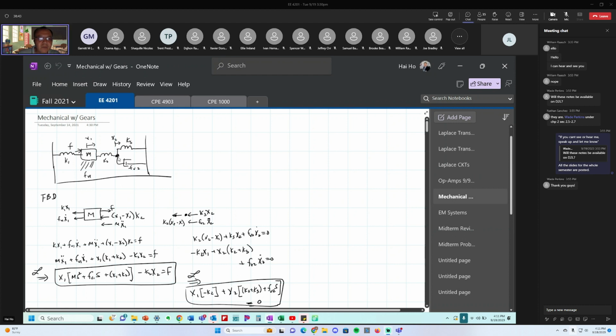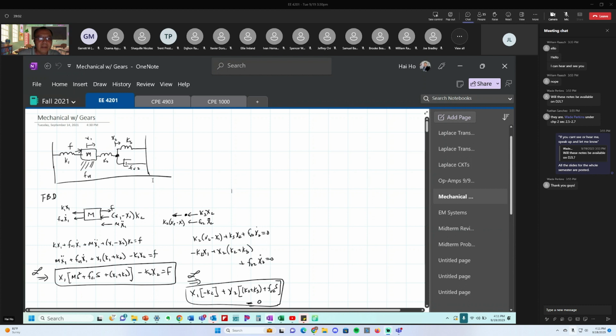Therefore, the force is going to be trying to pull this point back toward the left, with the K2 constant. So x2 minus x1 times K2, toward the left, is what that force is going to be acting on that point.